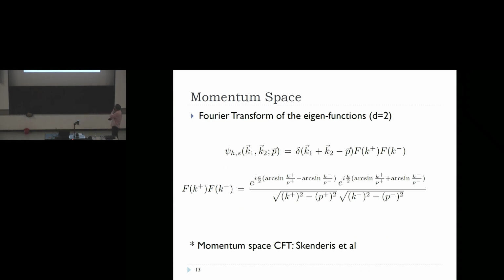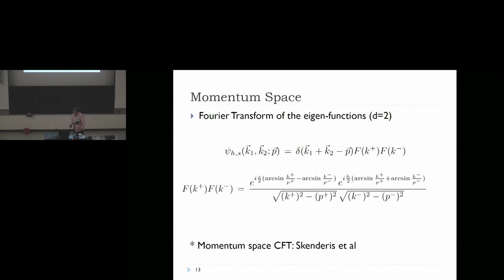That is actually nice, since I already emphasized momentum space and that there is something going on in momentum space. This is the wave function in momentum space, the set of eigenfunctions, which looks fairly reasonable. I should mention that for studies of CFT in momentum space, we learned a lot from the paper by Skenderis et al.